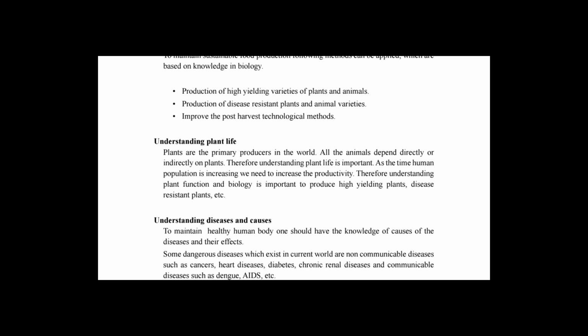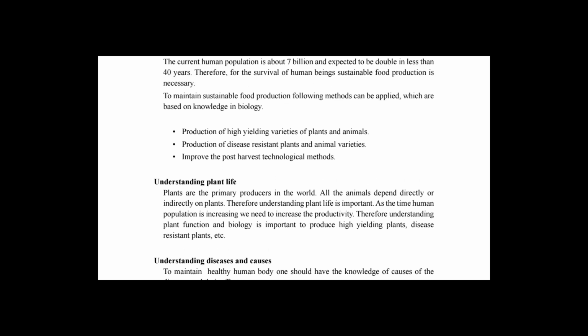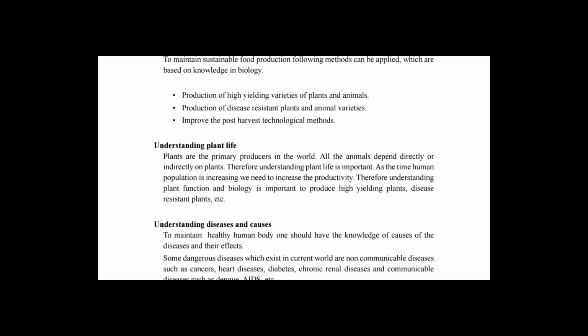For us to produce these high yielding varieties of plants using post harvesting technological methods and disease resistant plants, we should know some biology, because we need some knowledge about biology to do this. So therefore we have to understand plant life using biology. Okay, that's it they are saying.